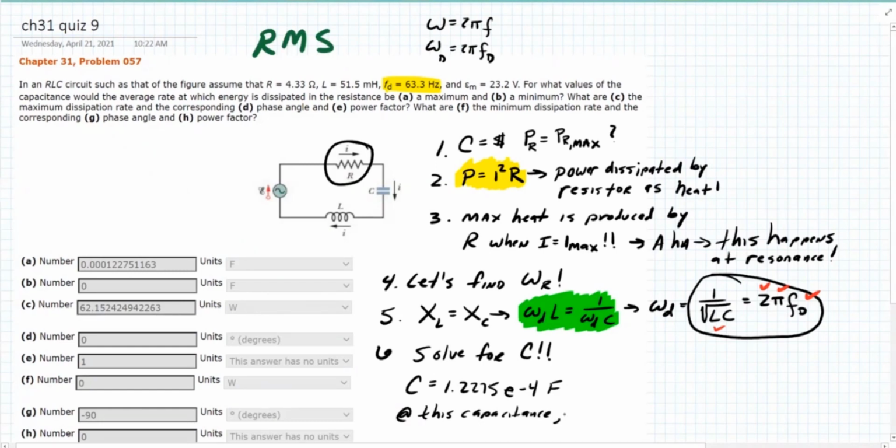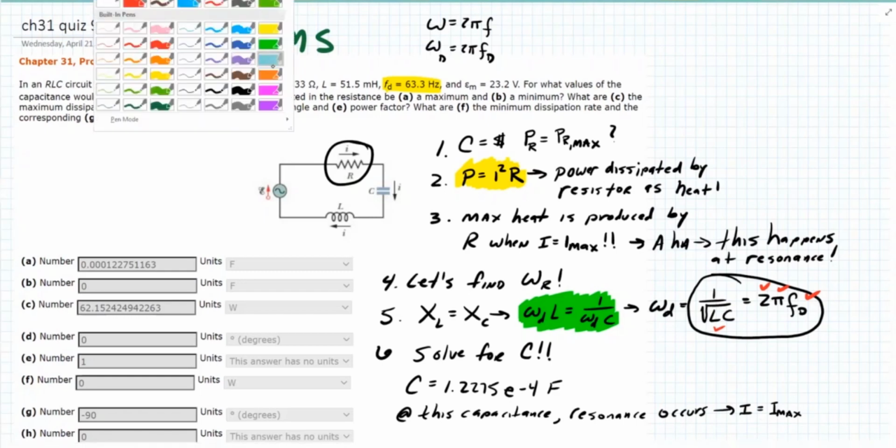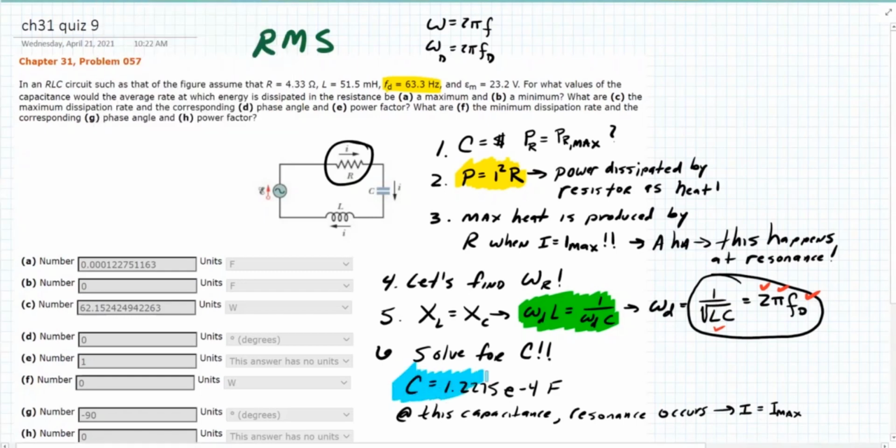At this capacitance, resonance occurs. And if resonance is occurring, that means whatever current is flowing through this circuit is going to equal its maximum possible value, because the impedance is at a minimum. If I have this capacitance value, then the reactance of my capacitor is going to sync with the reactance of my inductor so that they offset each other as much as they can, or actually completely.